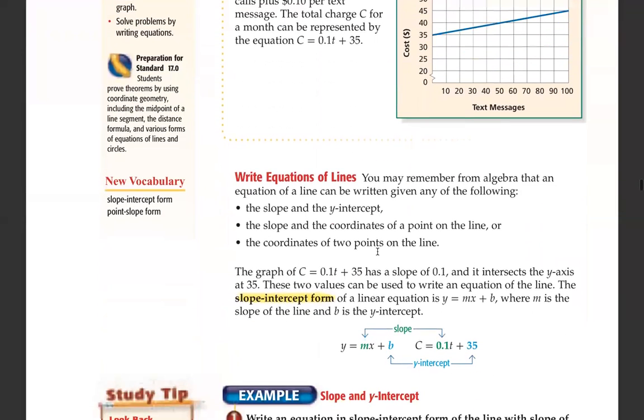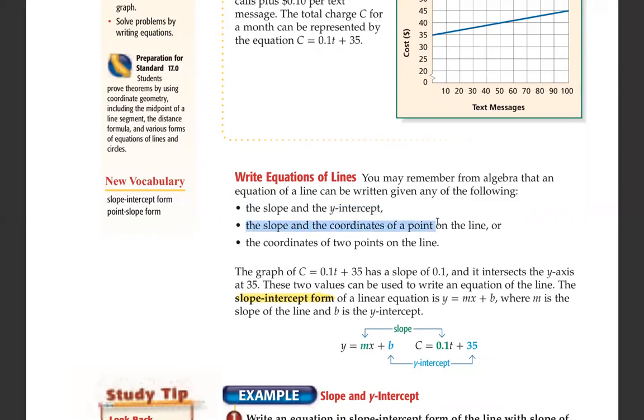If you remember from your algebra, an equation of a line can be written when you're given any of the following. First, if you're given the slope and the y-intercept of a certain line.